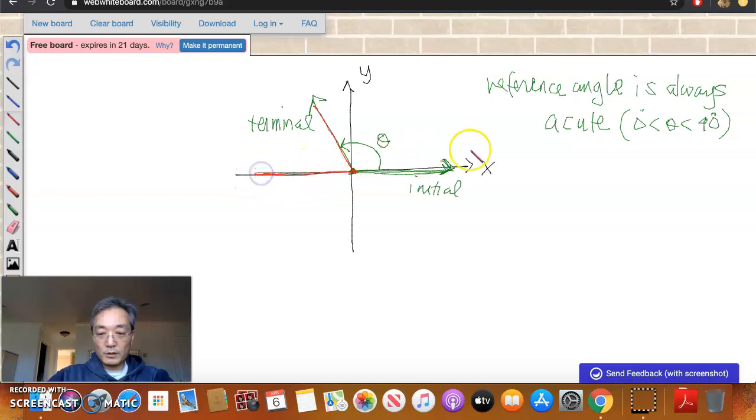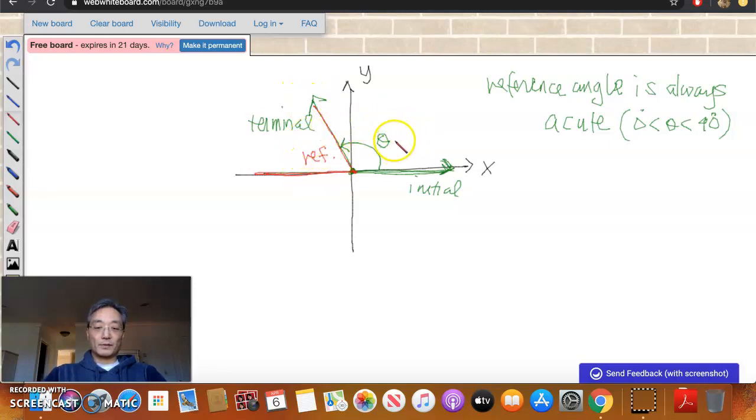So here is our reference angle. This is called our reference angle. So an angle that's formed in the second quadrant, like this angle here, where the terminal side is now in the second quadrant, this is what the reference angle would look like.